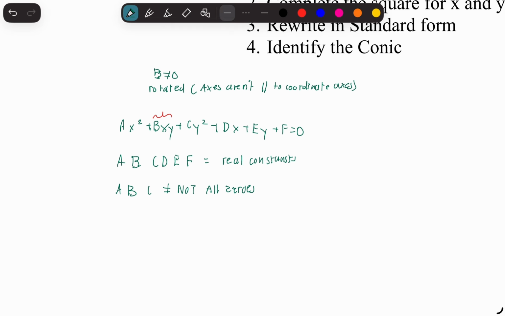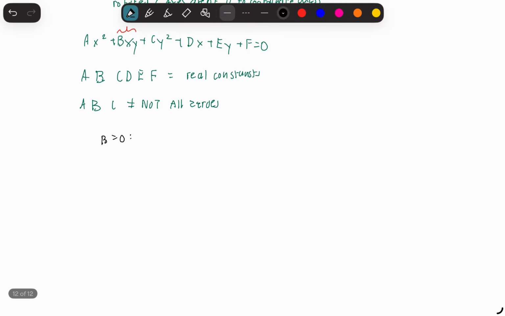Now, we have to identify the conic. When we are identifying the conic, you're looking at when b is equal to 0, or if there is no xy term.